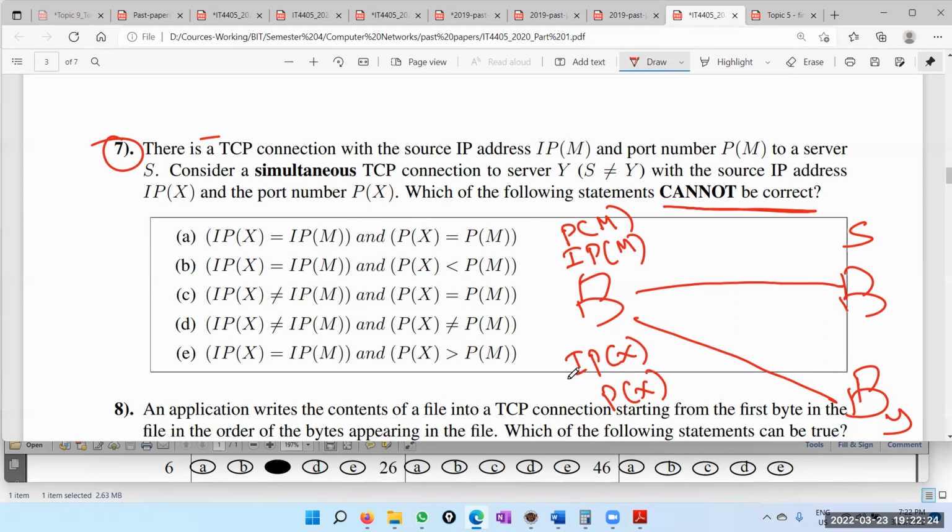Now you may be wondering, of course the same client can have different port numbers, because maybe this is your email client, the other one is your browser. Maybe one is a browser, the other one is your FTP client, or maybe two browsers, your Firefox and Edge. So obviously they can have different port numbers. Then someone will ask, how can the same computer have two different IP addresses? Of course, very rarely it can.